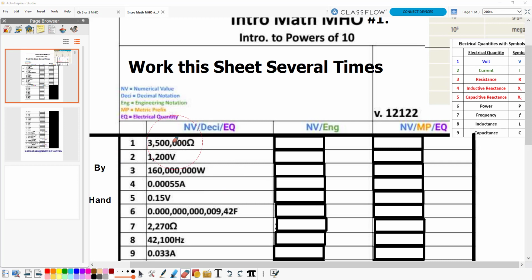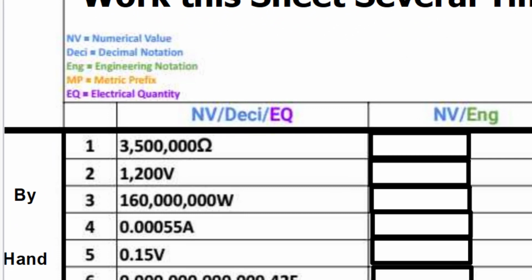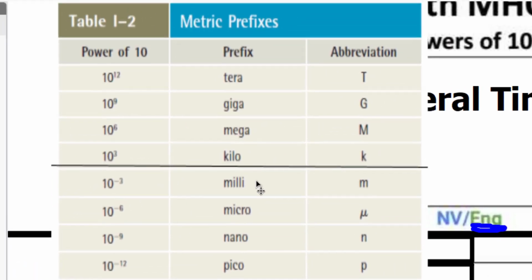All right, so let's begin with number 1 here, and we're going to do a few by hand to get started. Now, one of our rules of converting a number into engineering notation is that your exponents must be a multiple of 3. And here are the exponents that we've talked about. These are the 8 metric prefixes that we're going to be using.